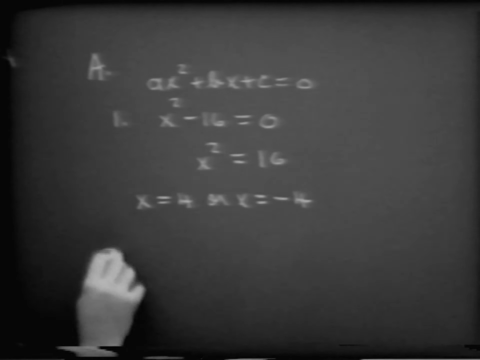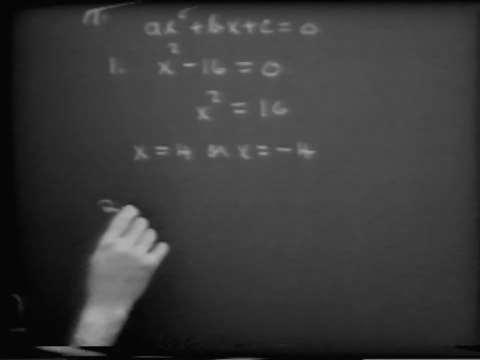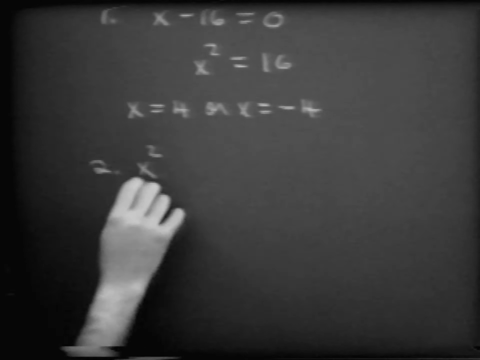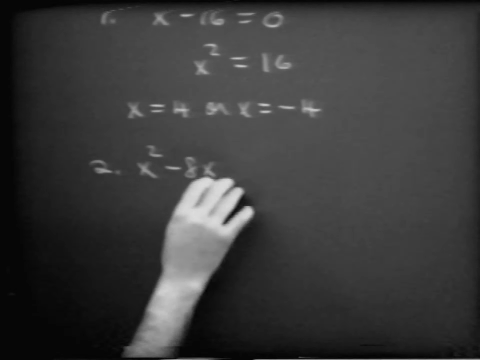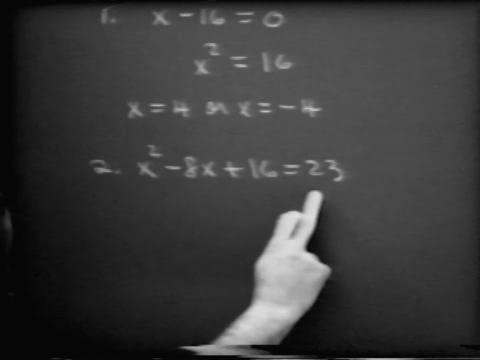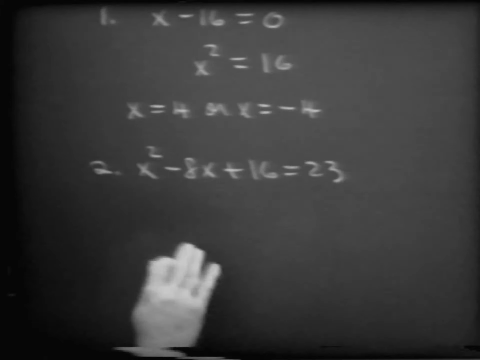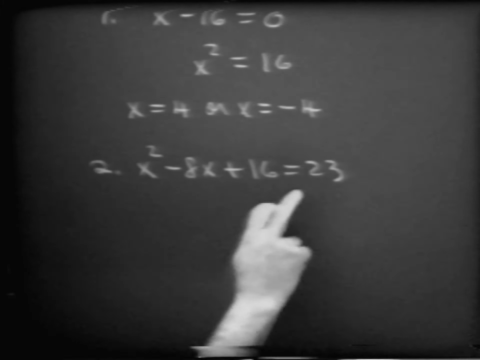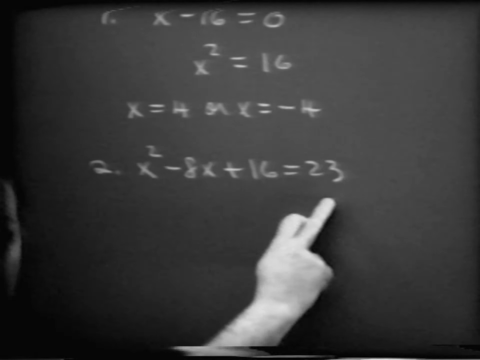Okay, let's look at another example. Suppose we had something such as x squared minus 8x plus 16 is equal to 23. Now, one thing one is tempted to do here is to subtract the number 23 from both sides.